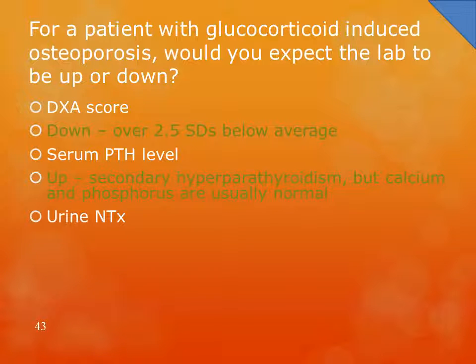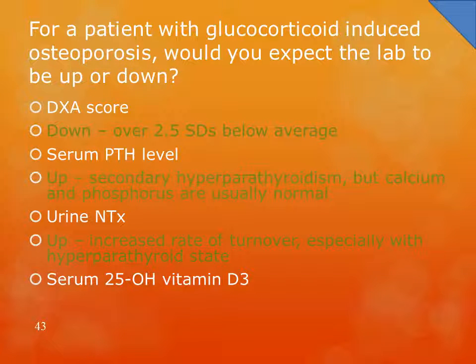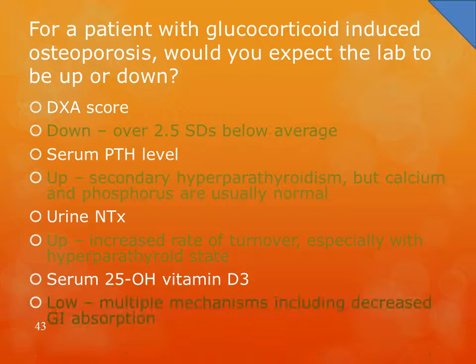What about the urine NTX? Remember we said that that was a sign of increased bone turnover. I would expect that that might be up for a patient who's got that secondary hyperparathyroidism happening. And what about a serum vitamin D3 level? Would you expect it to be up or down? We said that steroids can cause decreased gastrointestinal absorption of vitamin D3, so we might find that that level would be down.